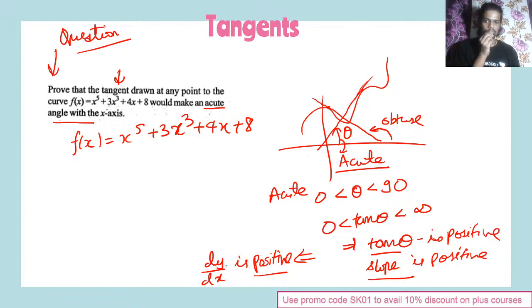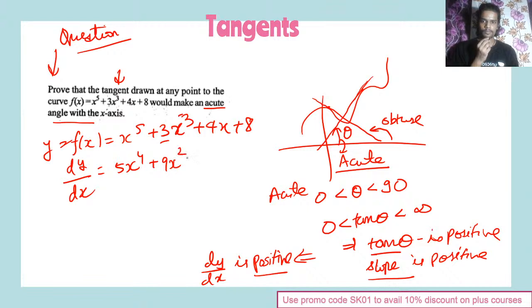If slope is positive, which means dy by dx is positive, because dy by dx is nothing but slope of the tangent. So let's calculate dy by dx. So basically d of this is y, dy by dx. It would be equal to derivative of first. Okay, so this is the derivative.